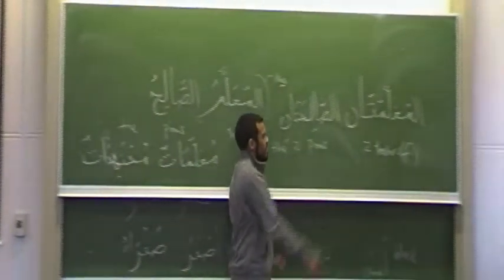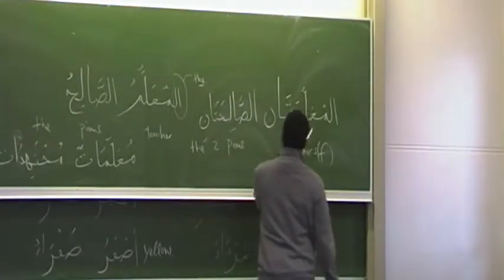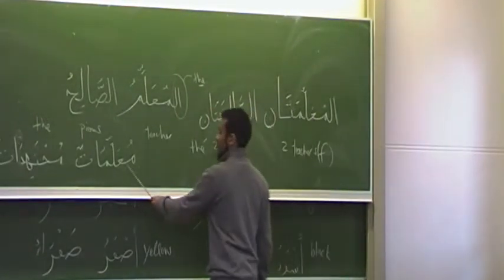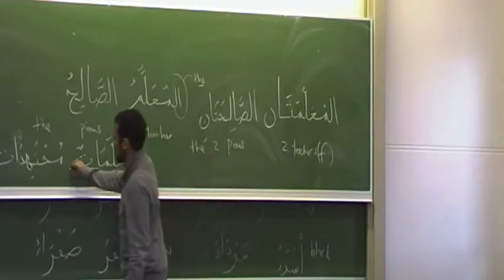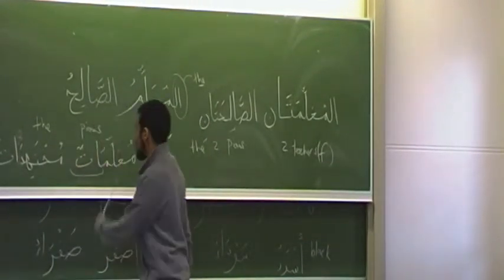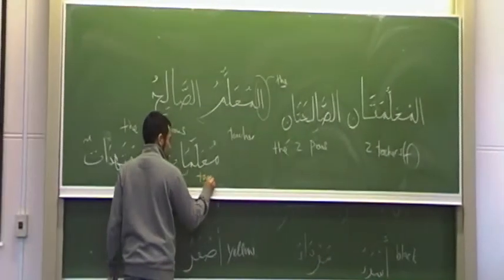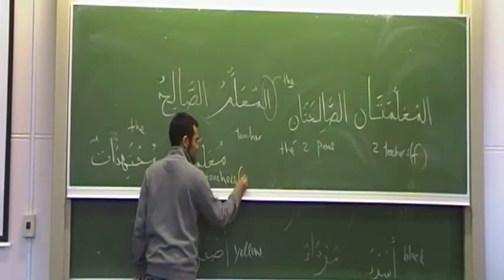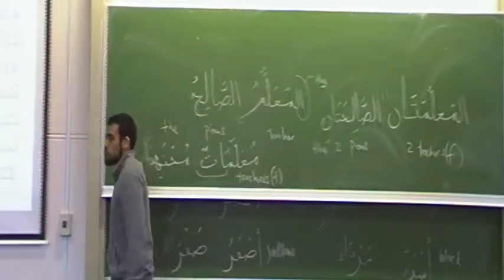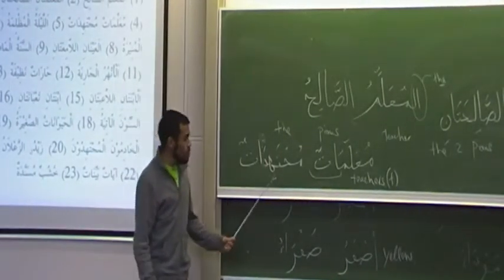Again, muallim. There was al-muallimu, there was muallimatani, there is muallimatun. When we see atun, what do we know about atun? Feminine. We also know it is plural. So this is going to be teachers, female, and it's plural. By plural we mean three or more.